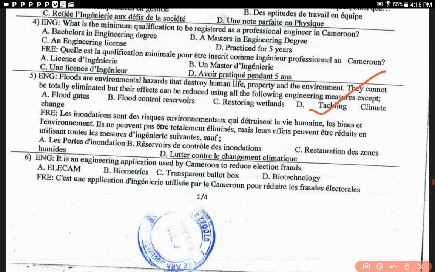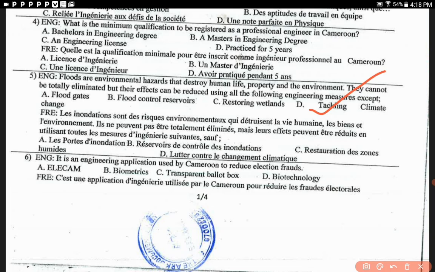Now, why are the other options A, B, and C? Why do we consider them as engineering measures? Floodgates and reservoirs, they are engineered structures. They are structures that are being done by engineers.